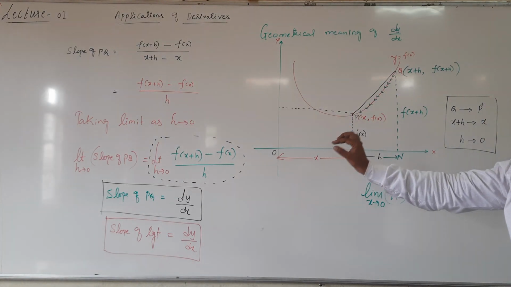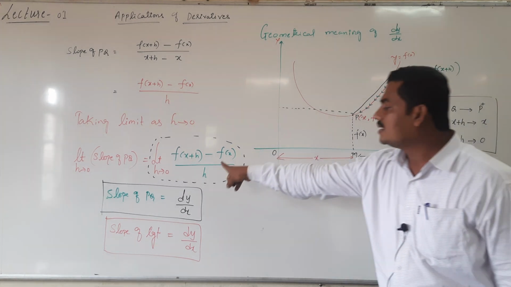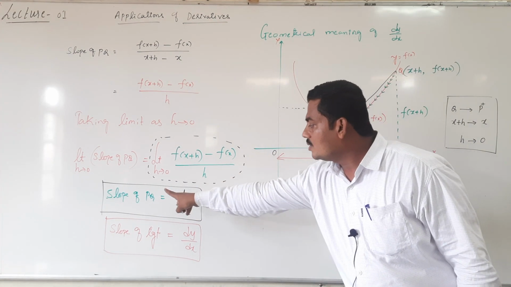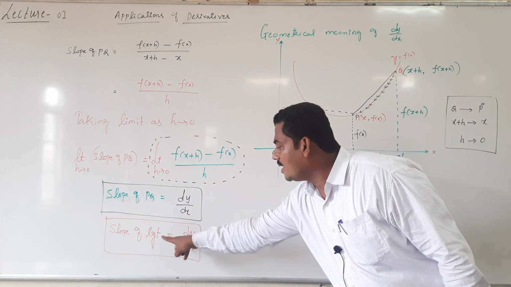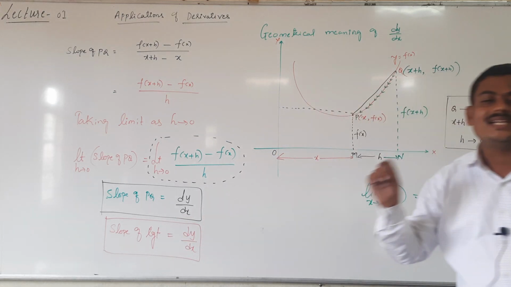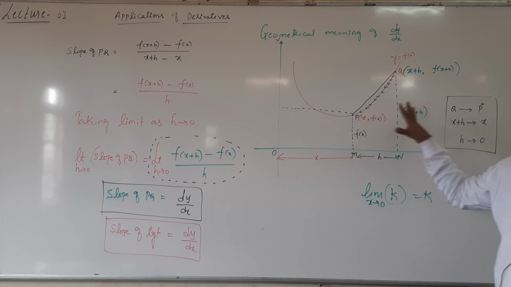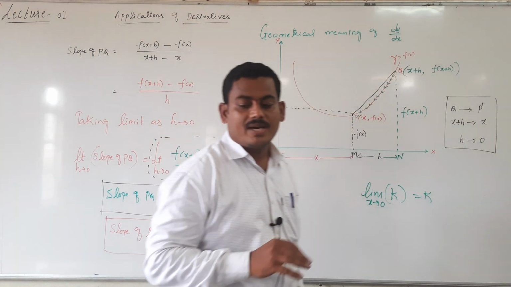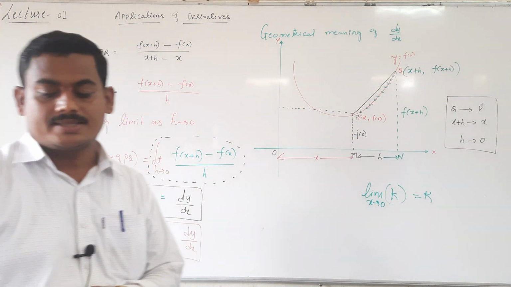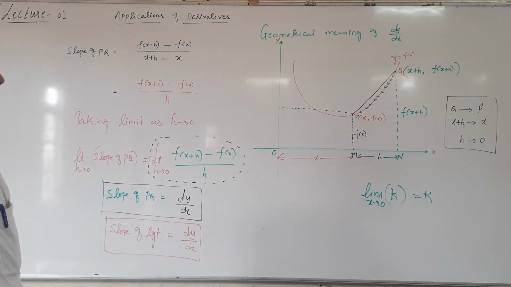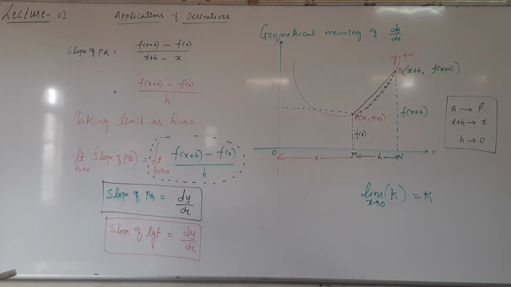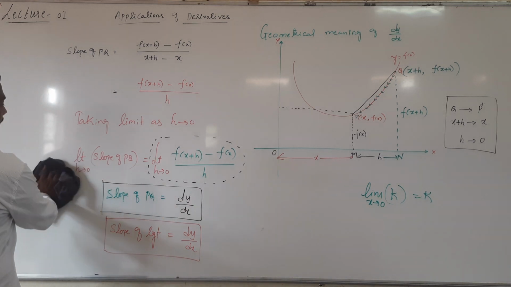Slope of PQ is nothing but dy by dx. Therefore, the slope of the tangent line is nothing but dy by dx. This proof is not necessary. Just remember the meaning of dy by dx. Slope of tangent line is nothing but dy by dx. Right? Next.